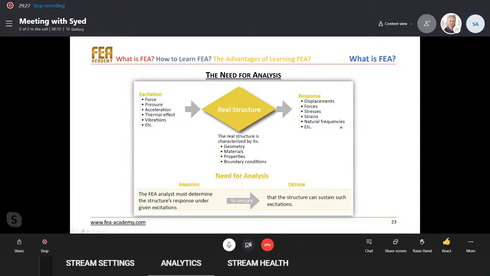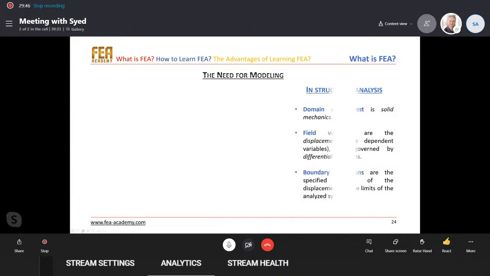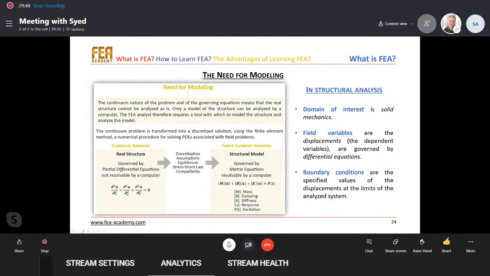So the need for analysis comes from the fact that the FEA analyst must determine the structure response under given excitations to ensure that the design of the structure can sustain such excitations. And this gives us the need for modeling.